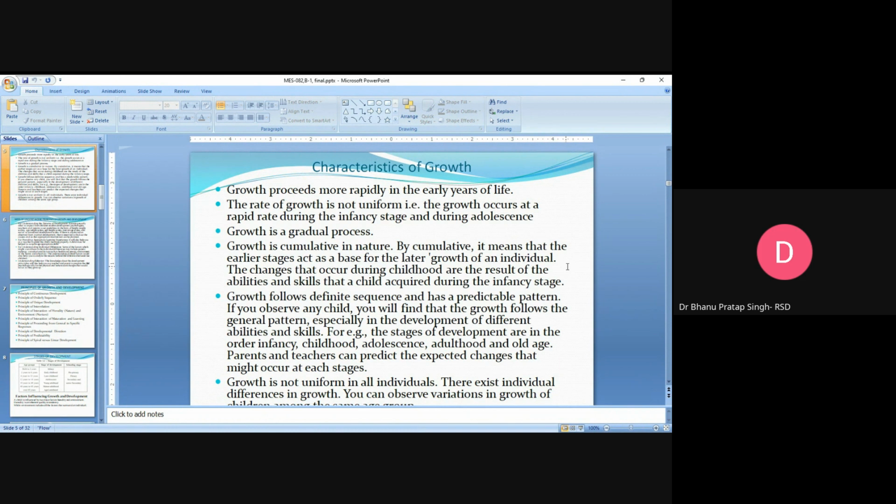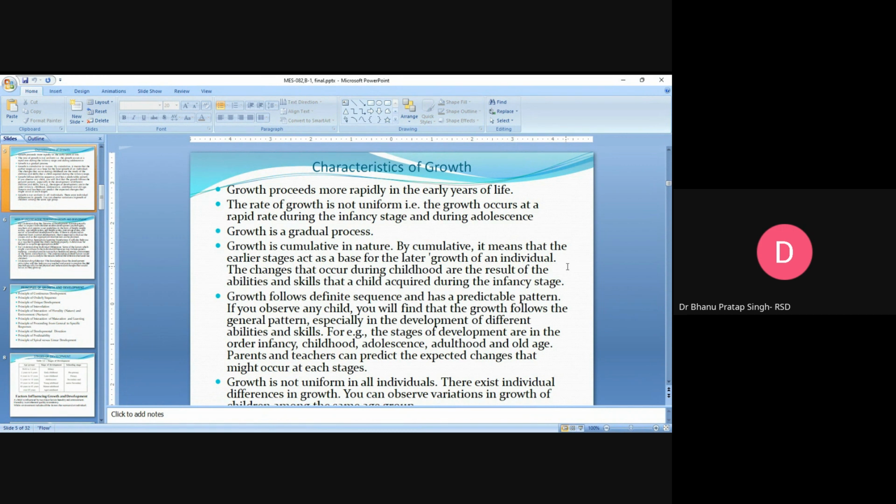If you observe any child, you will find that growth follows the general pattern, especially in the development of different abilities and skills. For example, the stages of development are in the order infancy, childhood, adolescence, adulthood, and old age. Parents and teachers can predict the expected changes that might occur at each stage.